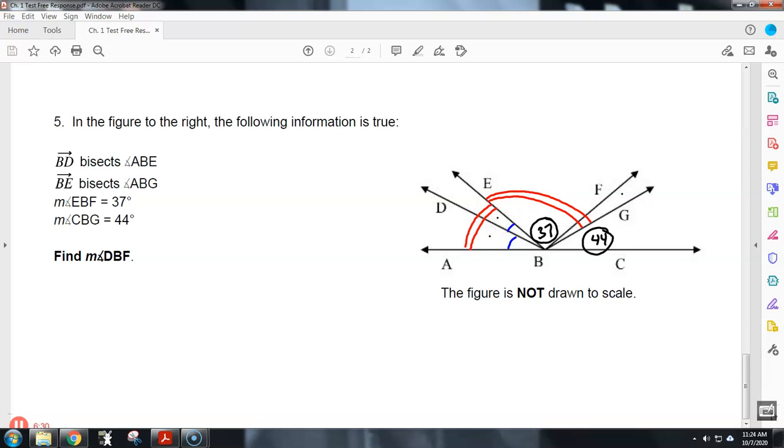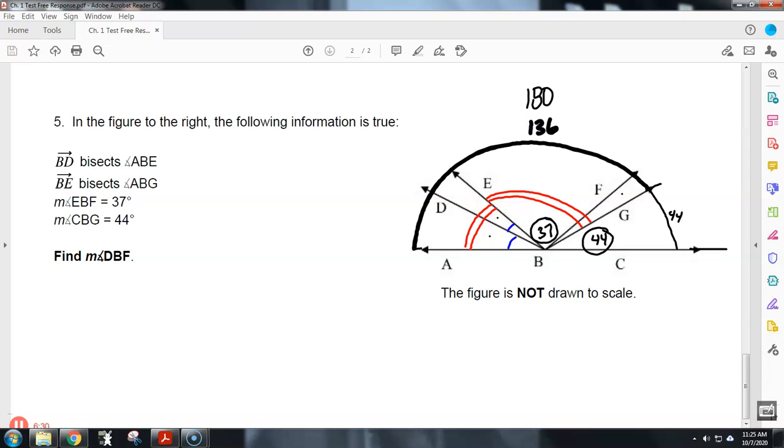So I think the easiest way to start this one out is to recognize that the full half circle here is 180. And since I know that this sliver is 44, I can find this other part of the circle, which is going to be 180 minus 44, which is 136.